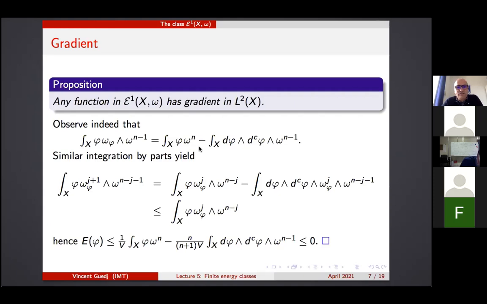If you normalize phi so that its supremum is 0, what you get is that the gradient is bounded from above in absolute value by the absolute value of the energy. So if the energy is finite, then the gradient is in L2.